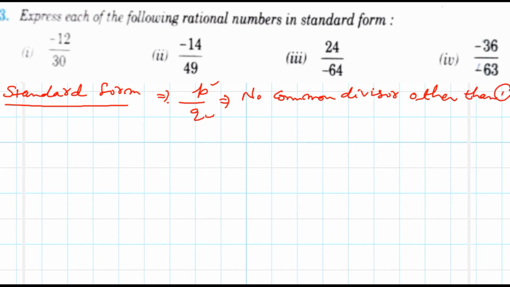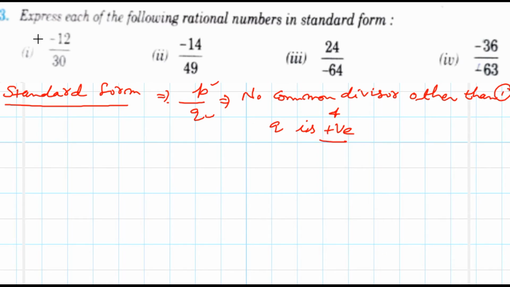If these have no common divisor other than 1, then they are in standard form. And the second condition is Q is always positive, not negative, right?